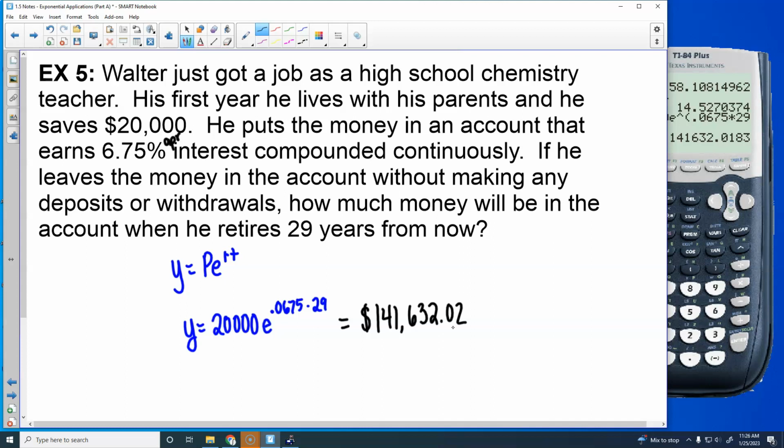So if you have a long time, if you can put money in your retirement early and it has longer to sit there, it really blows up. If you only put it in here for 5 years, it's going to be a lot smaller. Like if this was 5.